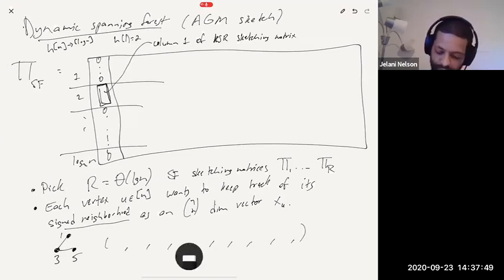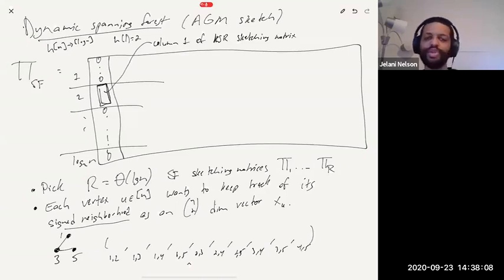So the possible edges here are: 1,2; 1,3; 1,4; 1,5; 2,3; 2,4; 2,5; 3,4; 3,5; and 4,5. These are the 5 choose 2 edges that could possibly exist in a 5 vertex graph. And let's say there's also an edge between 2 and 4 out here.